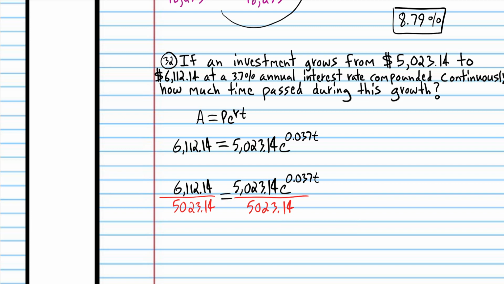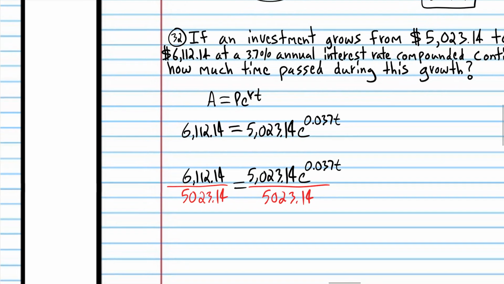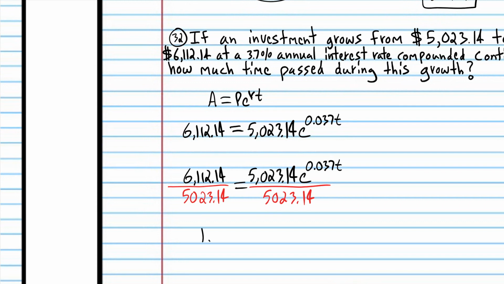And so let's do that in the calculator. So we get 1.21679 dot dot dot. So keep that number in your calculator.